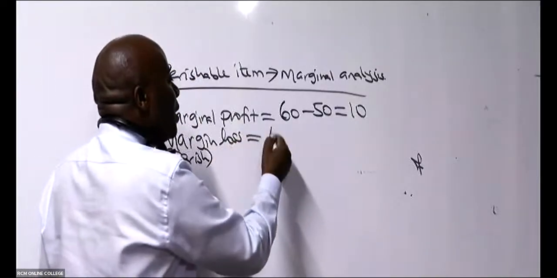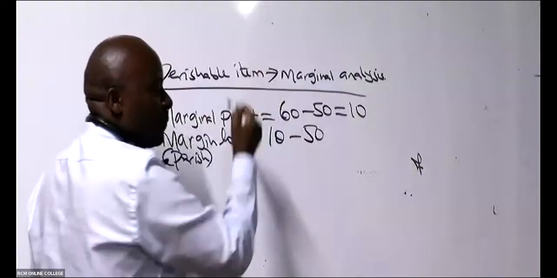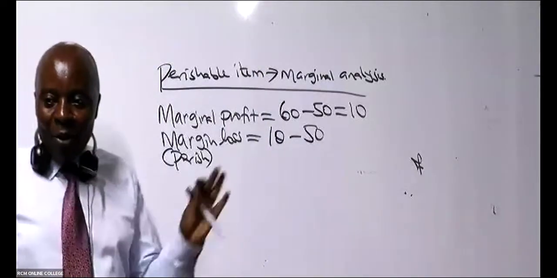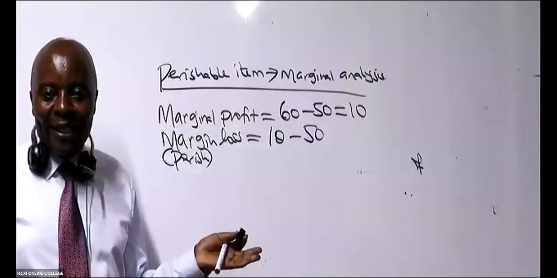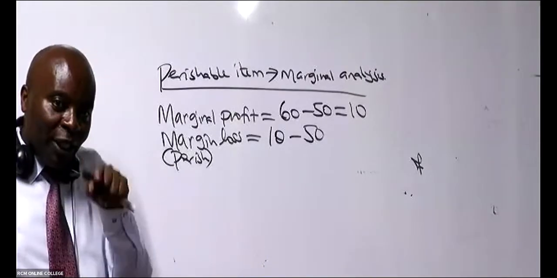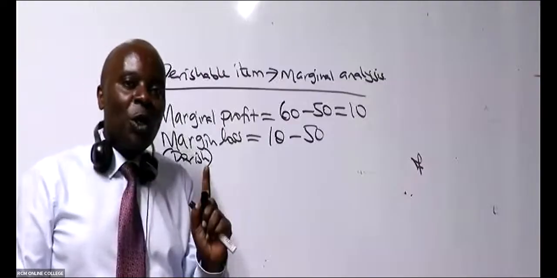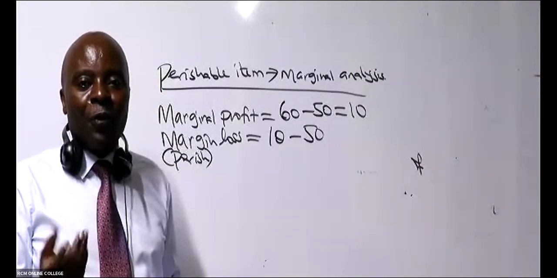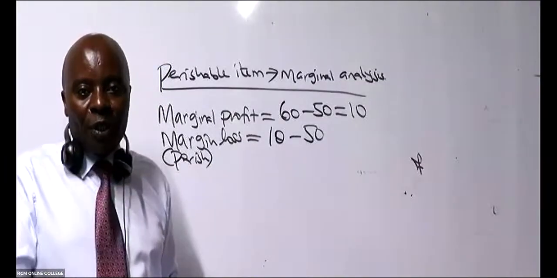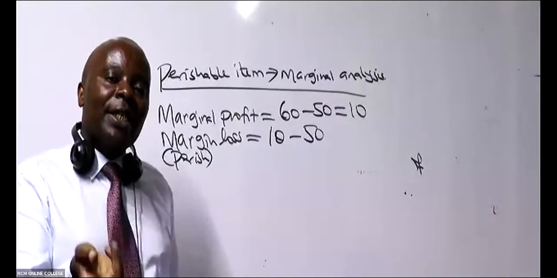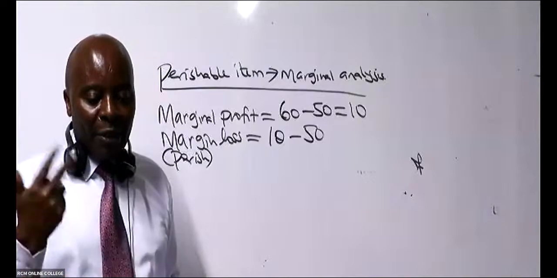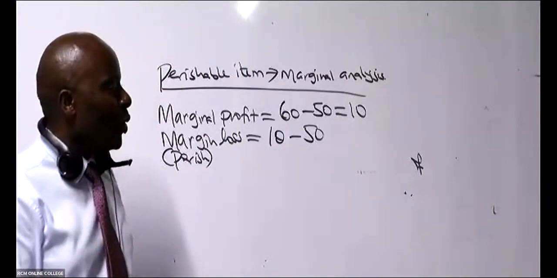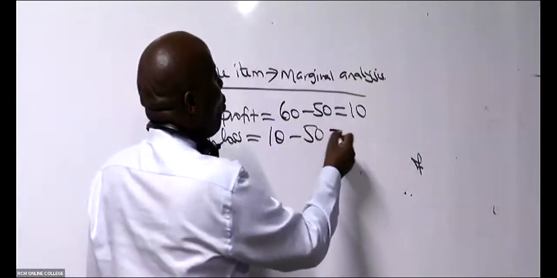And they had bought this newspaper for 50, the normal buying price. To get profit, you're looking at revenue minus your cost. So my revenue is the lower price I'll be selling, which is 10, minus my cost of procuring, which is 50. So then the loss will be 40.